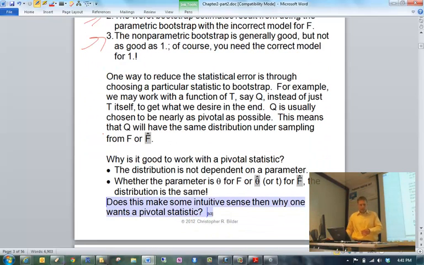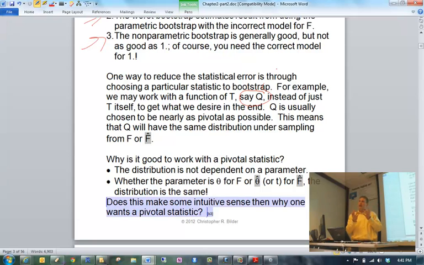Okay. Well, a particular way that you can also reduce the statistical error is to use a particular kind of statistic. We touched on this a little bit in the last section. Ideally, what we would like to be able to do is use a statistic, let's call it Q, which is a function of T, our real statistic of interest.